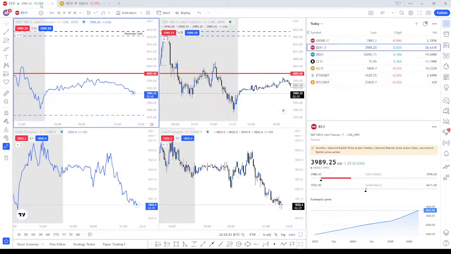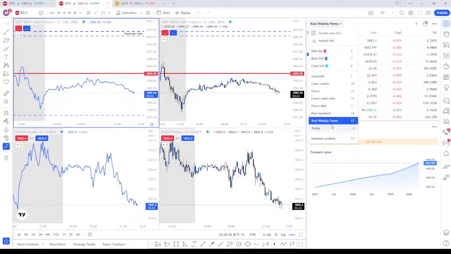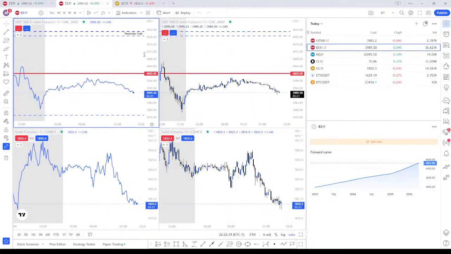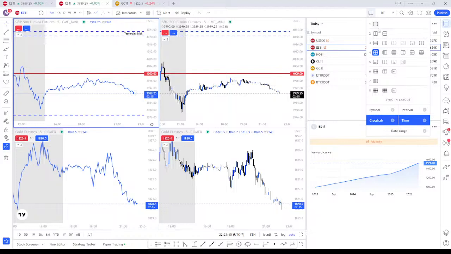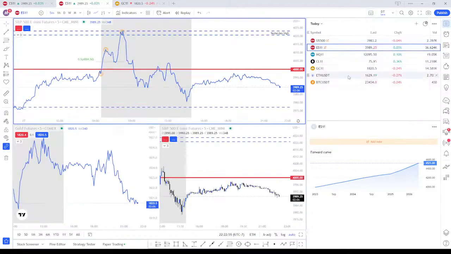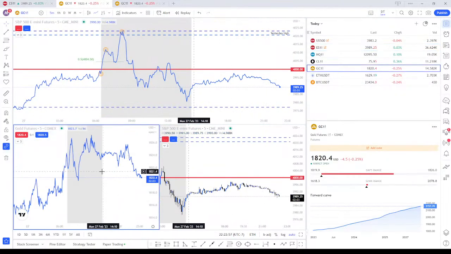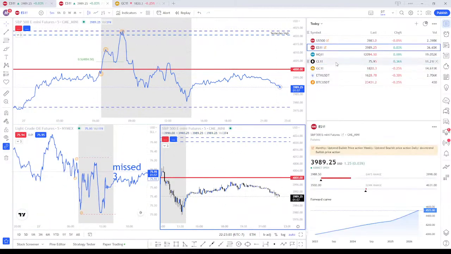There was a way we can just duplicate like this, or Control U. Alright, so we'll do that and we'll put the NQ here, and then I think it was crude oil that was not there, so crude oil here and crude oil here.